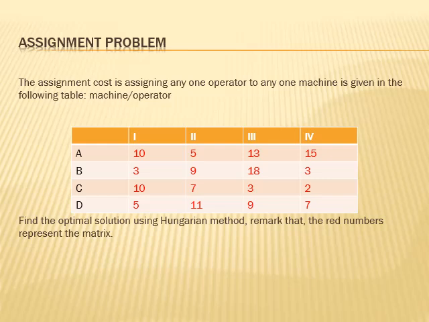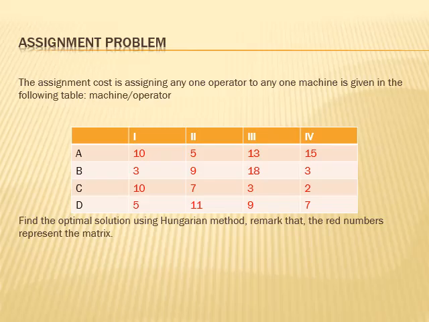Row subtraction, then column subtraction, then draw the lines which will cover the rows or columns which contain a minimum number of zeros.